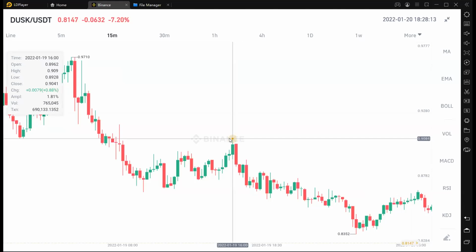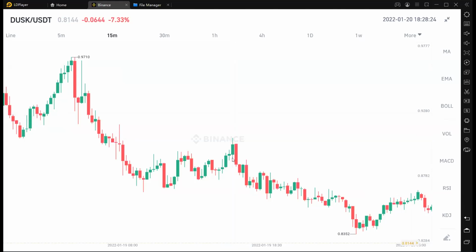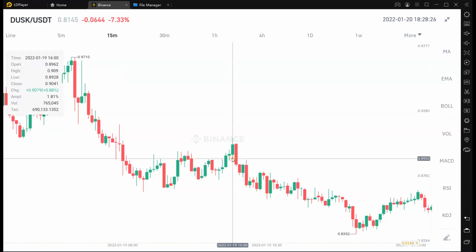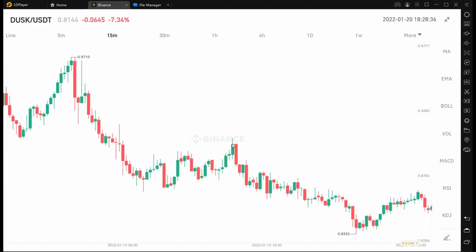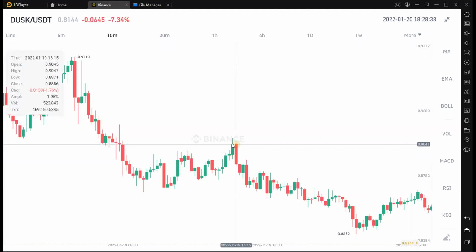If you select the candle, you even see the details. The highest price it reaches was 0.09. That's the top of the candle. The bottom of this green candle is the lowest price the coin reaches, which is 0.8928. And the upper body, because it's a green candle, shows the price the coin closes at.